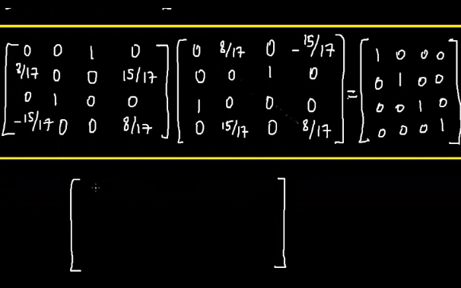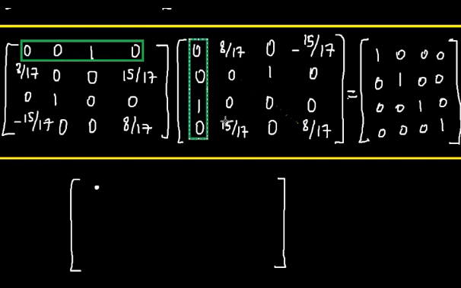What's going to be the entry here? I'm going to mark this with green. It's going to be this thing, multiplied term by term and then summed up with that thing.